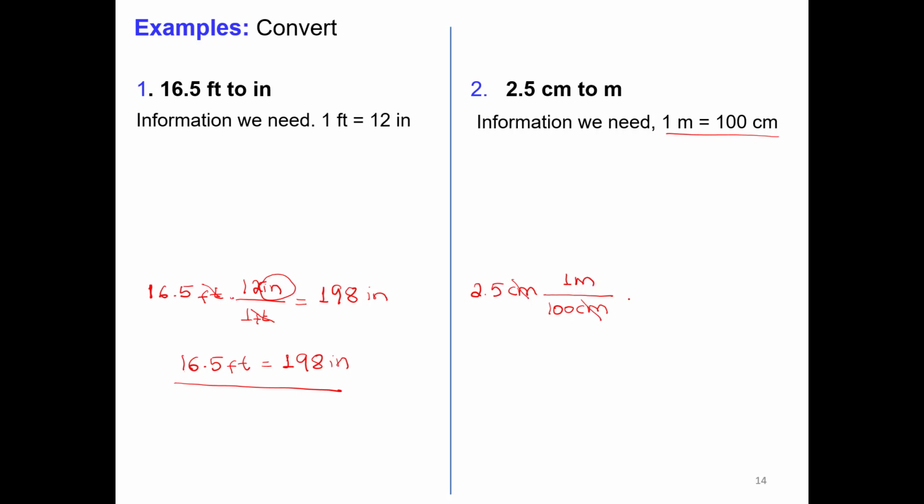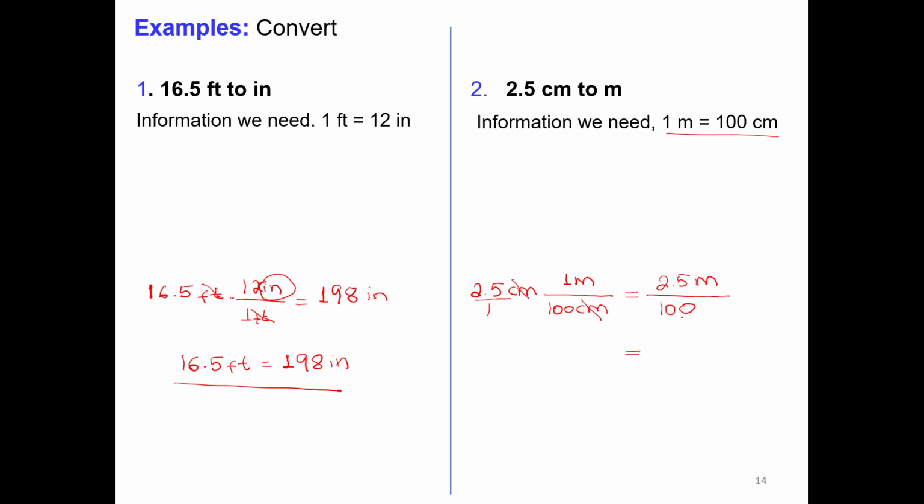You can skip this step, but I will write it just to explain. Now we need to multiply. You can think we had 1 here. It's 2.5 times 1 is 2.5. Remember, we are multiplying fractions, and the result is in meters because centimeters cancel out. And 1 times 100 is 100.